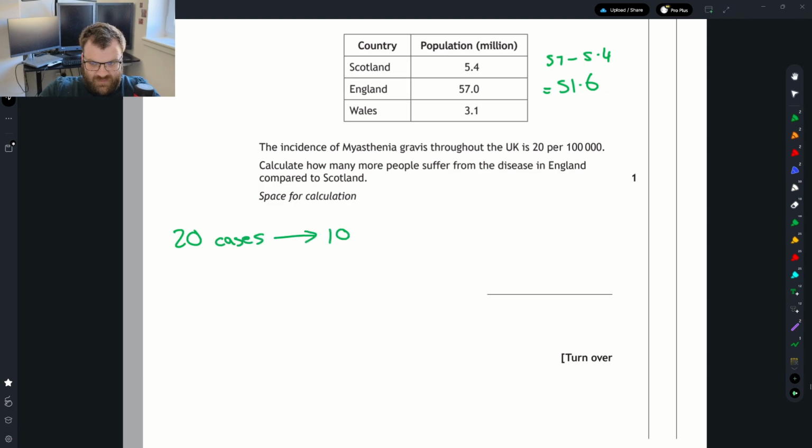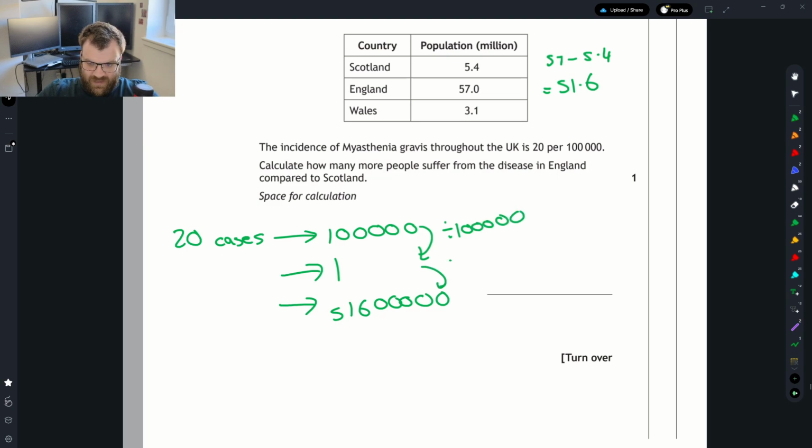Okay, laying it out, we've got 20 cases if we had 100,000, but we are asked about 51.6 million. So if we first of all divide by 100,000, then we times by 51.6 million.